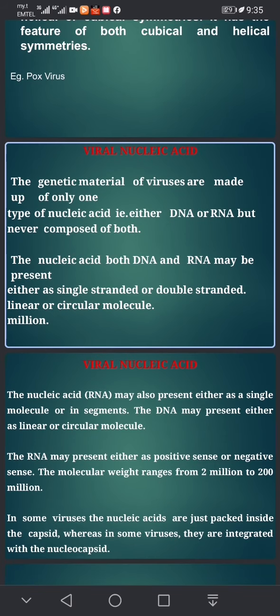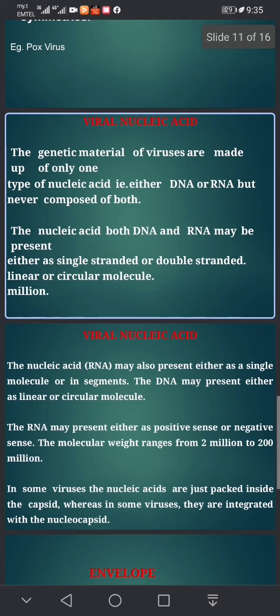The next slide, we will talk about viral nucleic acid. Viral nucleic acid is the genetic material of viruses, and a virus contains only one type of nucleic acid. It is either DNA or RNA. The nucleic acid can be either single-stranded or double-stranded.